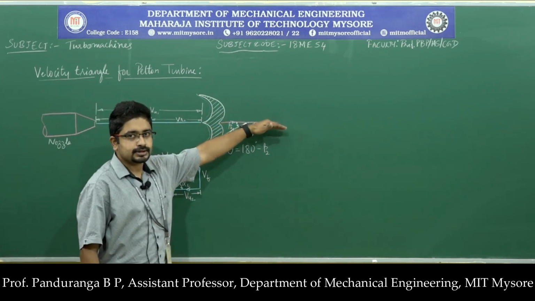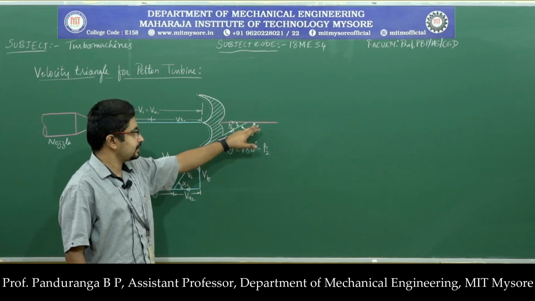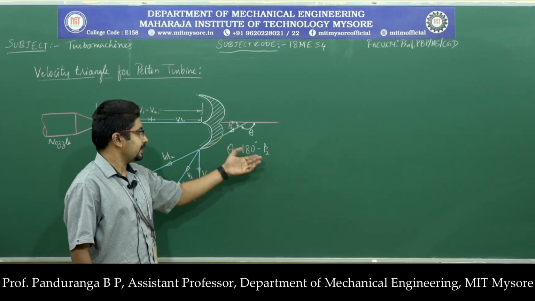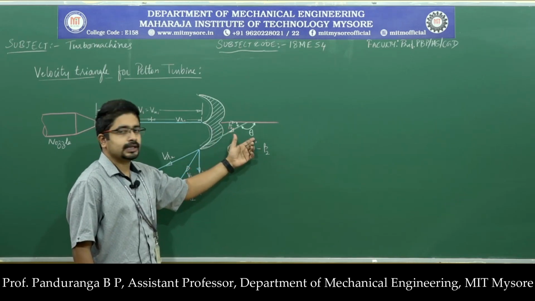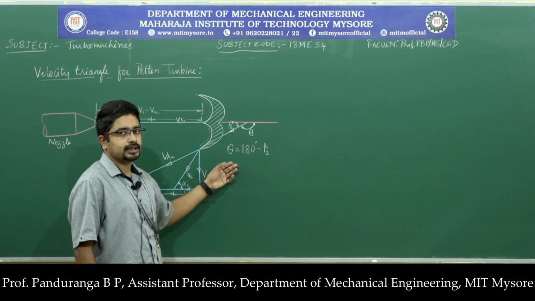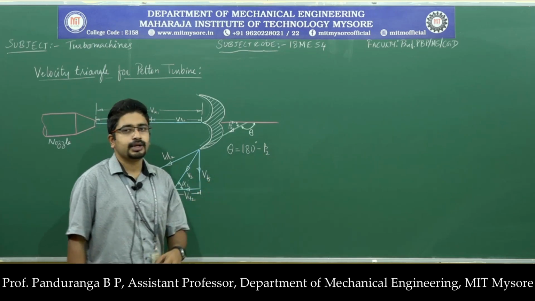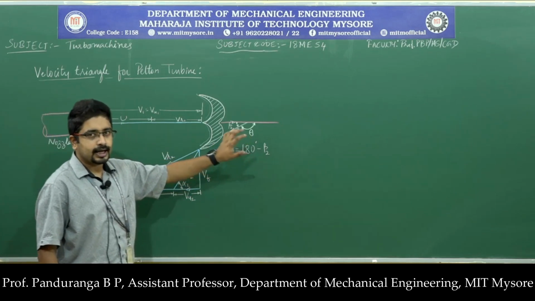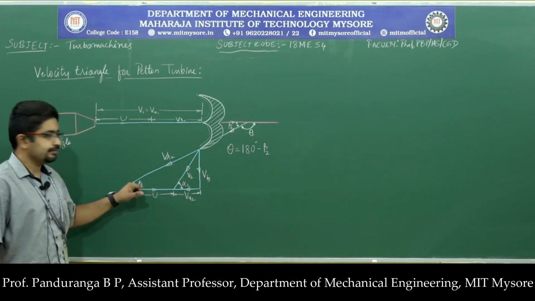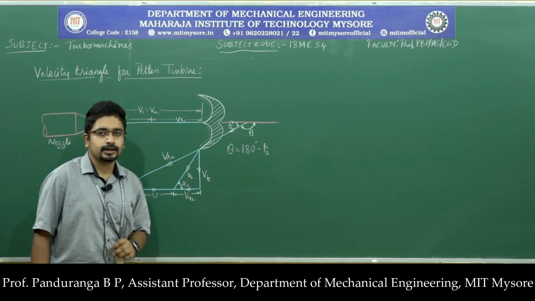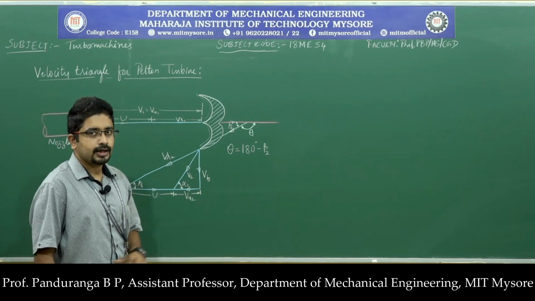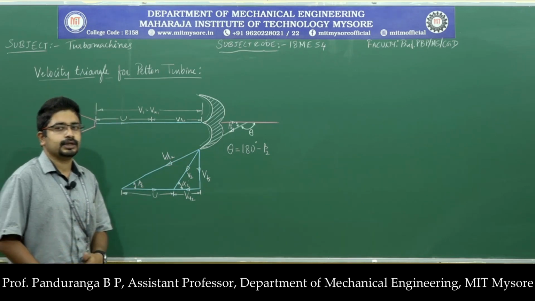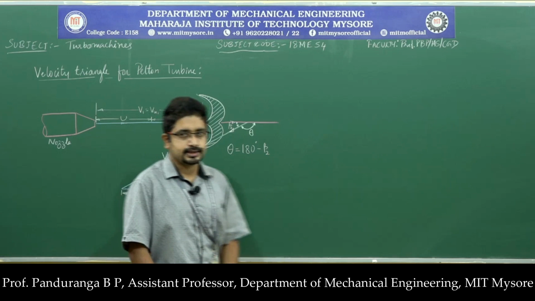This is a straight line, so the angle made here will be 180 degrees. So I can also write it as beta 2 plus theta equals 180 degrees, or theta equals 180 minus beta 2. So that is the relation between the angle of deflection theta and the blade angle beta 2 in the case of a Pelton turbine. So now let us find out the work done and then find out the hydraulic efficiency in this case.